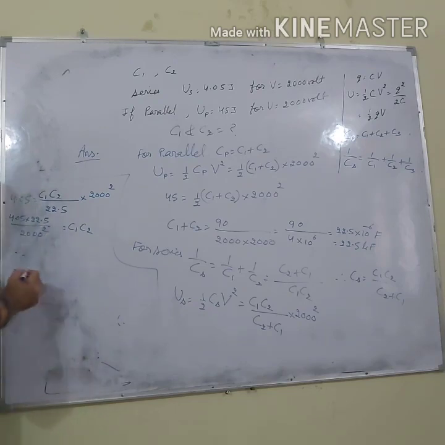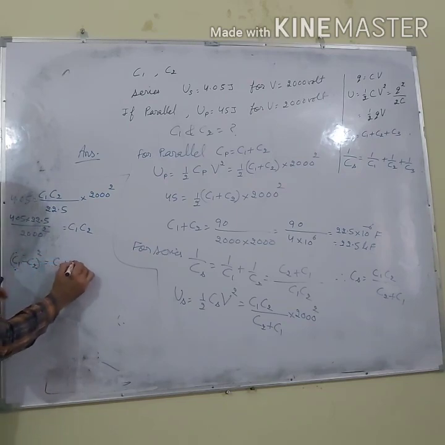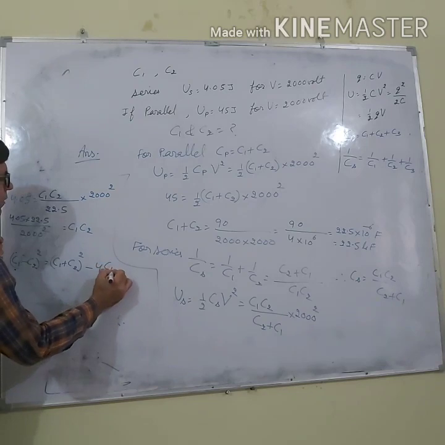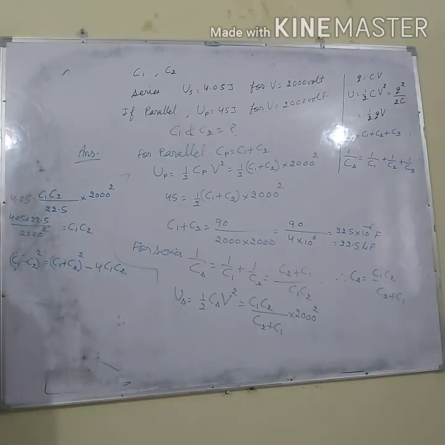Now from here you will use the formula C1 minus C2 whole square equals C1 plus C2 whole square minus 4 C1 C2.